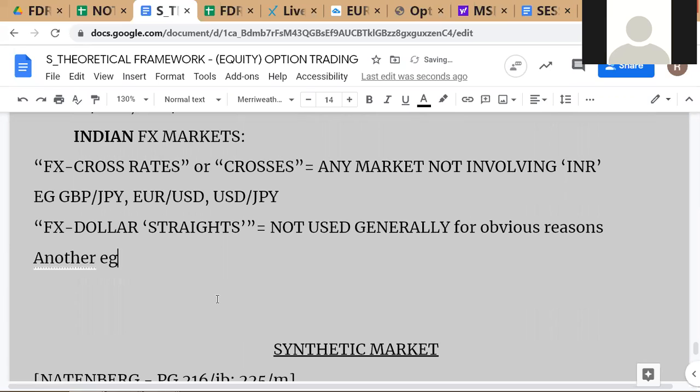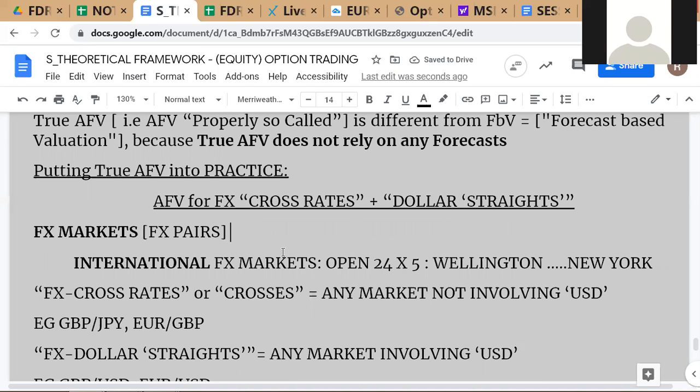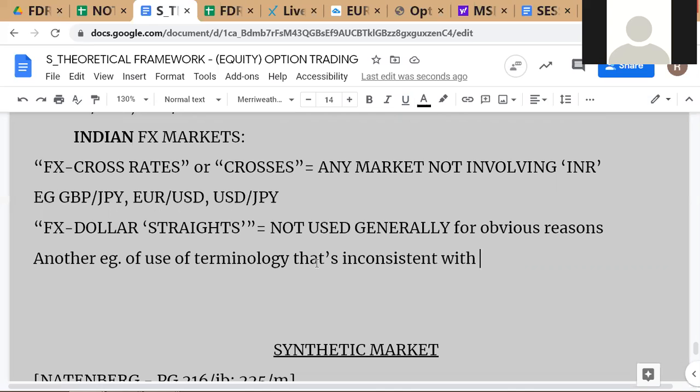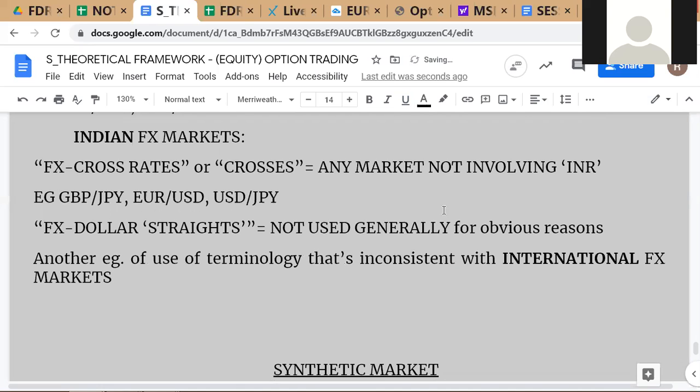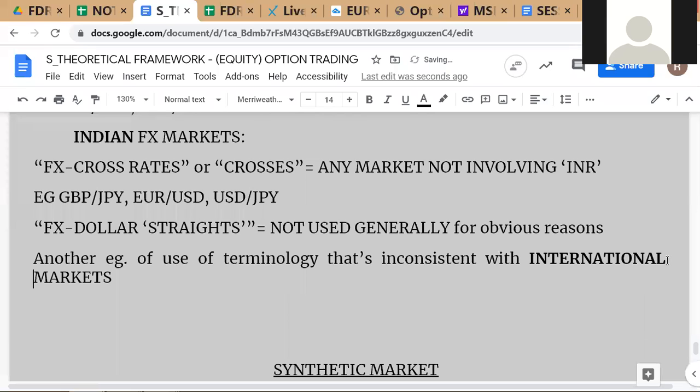Another example of use of terminology that's inconsistent with, not international FX markets, but international markets, was RBI and bond markets.